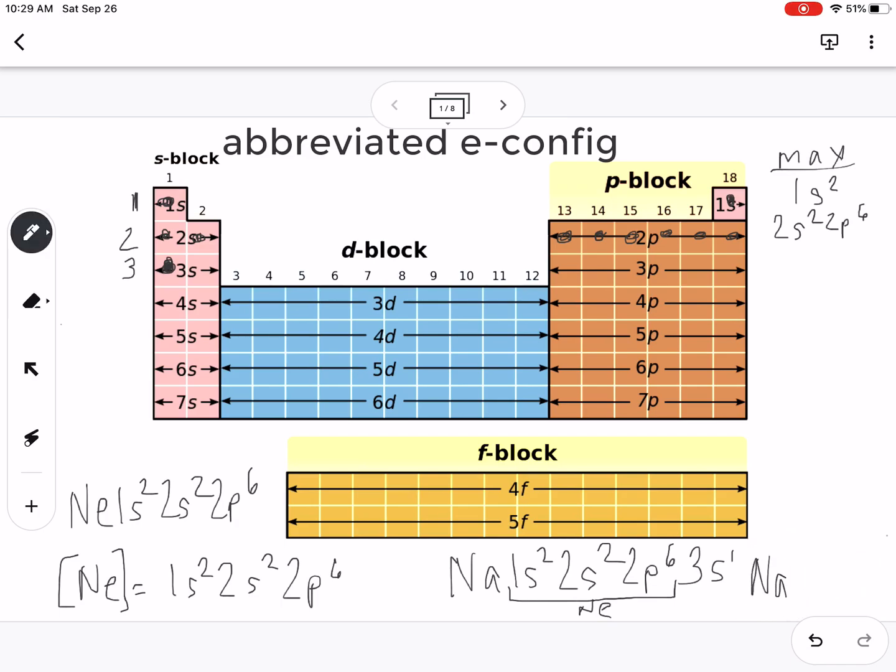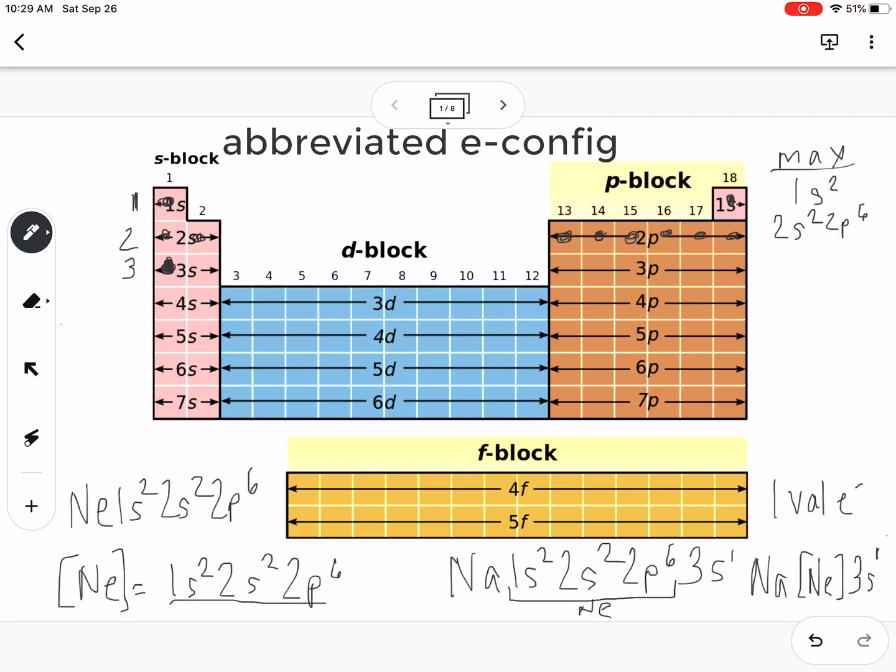Sodium is abbreviated with neon, and then 3s1 is the only extra one that's there. So neon took us this whole first part, and then 3s1 is the only new one. We also know that that means that there's only one valence electron.